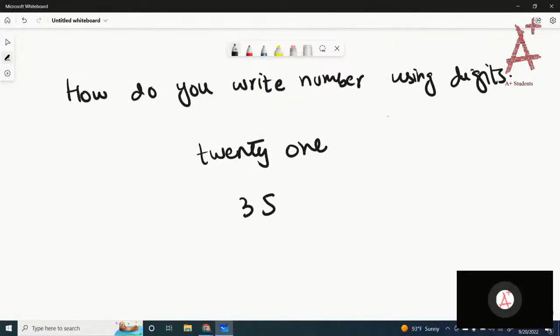You have two options given below. So which is the correct option, the first one or the second one? The second one, 21. That means the digit that is at the tens place is 2 and the digit that is at the ones place is 1. So it makes 21. So the second option is the correct option and click on the OK button.